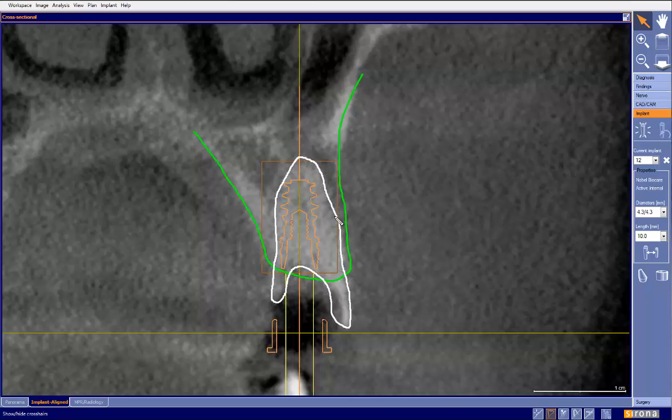So we want the implant to apically engage or go beyond the tooth, and right now we don't have that. So we're really relying on mesiodistal and buccolingual bone, and looking at this, we have no buccolingual bone engagement from this view right here.